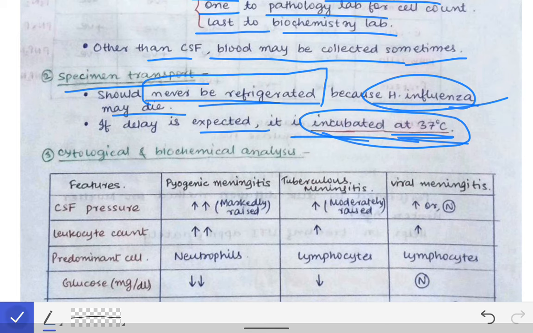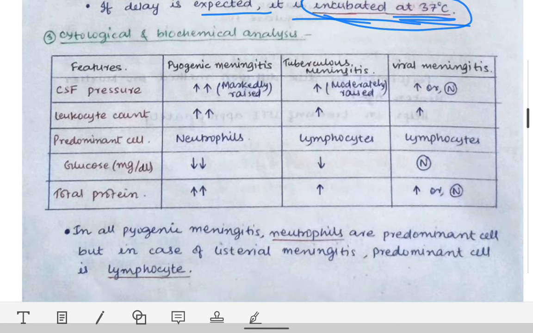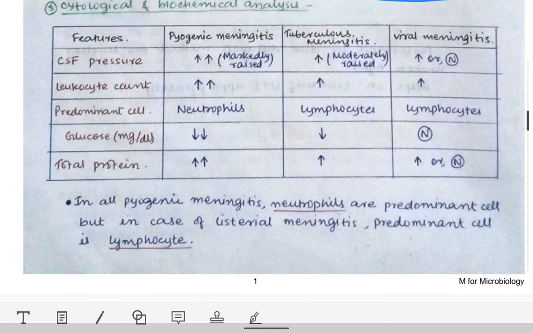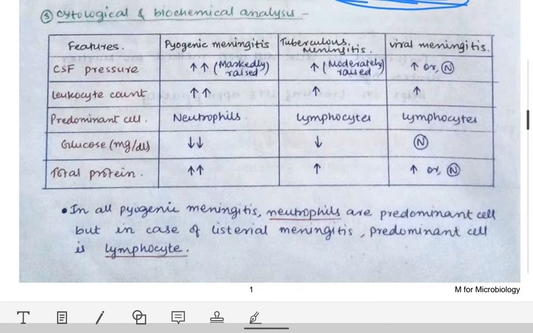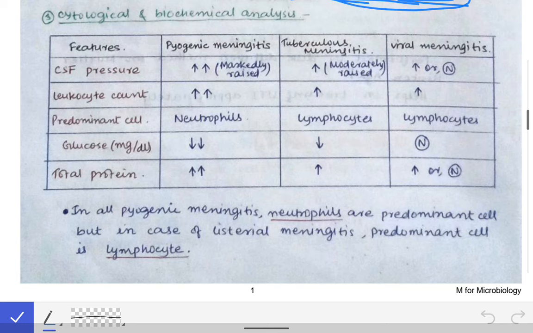Now the third point is the cytological and biochemical analysis. As we have sent the three containers to the microbiology lab, pathology lab, and the biochemistry lab, we will get the reports from all the three labs.